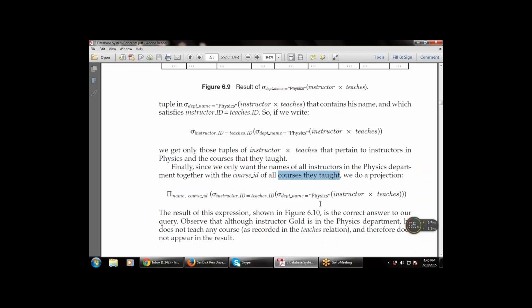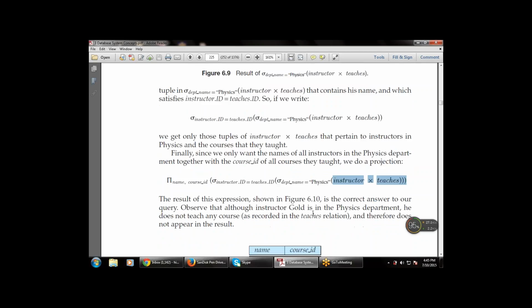That is the projection operation: project name, course ID, applied to the selection of instructor.ID equals teaches.ID and department name equals physics on instructor into teaches.